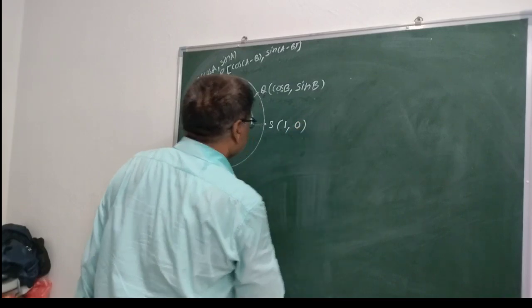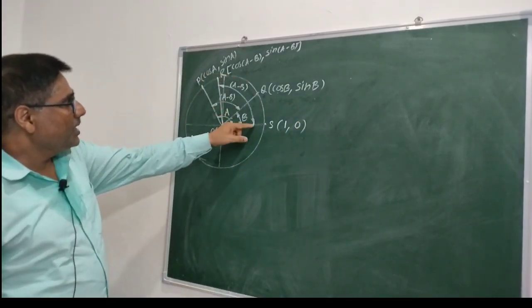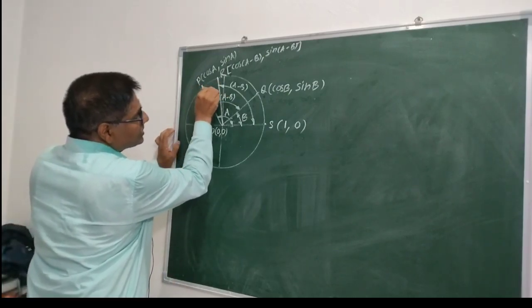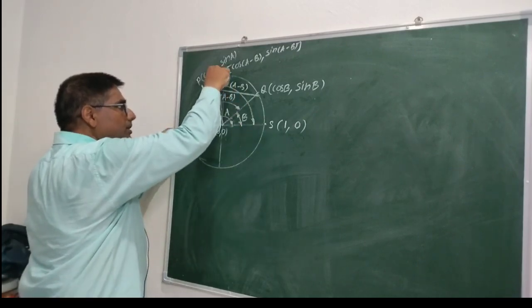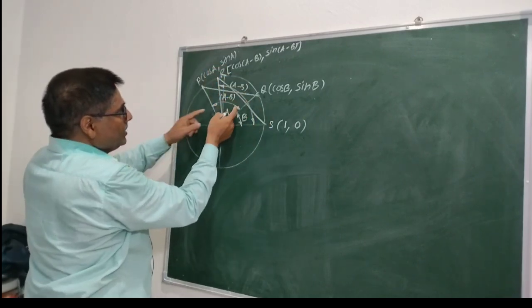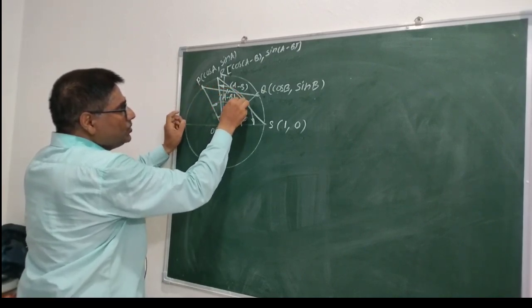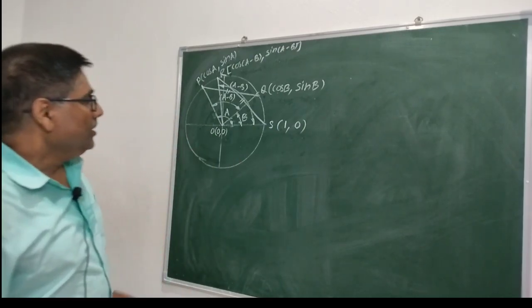As these two angles are same, therefore when we draw this PQ chord and RS chord, these two chords will be congruent with each other.